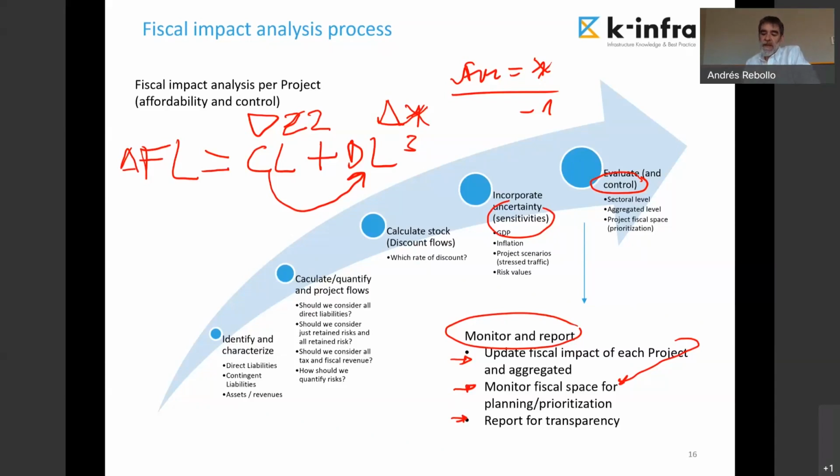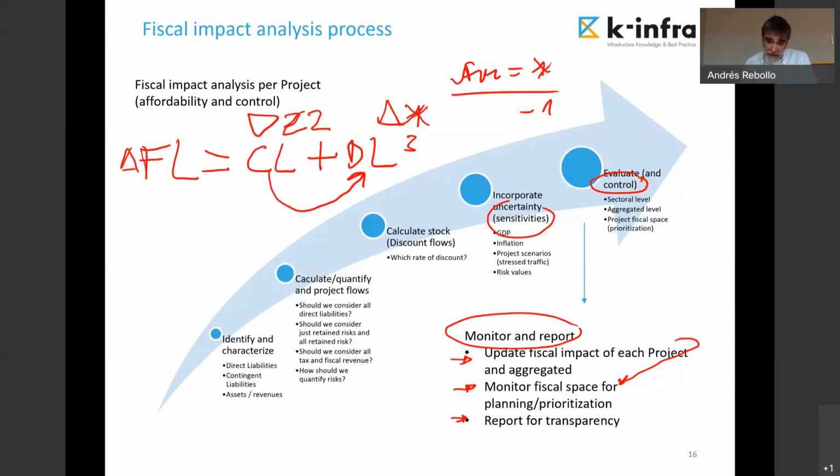Because traffic revenue is a revenue stream for me, it's an asset. How it is manifested, how it is expressed, the traffic risk, is in the variability of my revenues. So in the end, I don't need to consider any contingent liability, but I will incorporate the traffic risk by means of assessing the scenarios of the revenue projection.